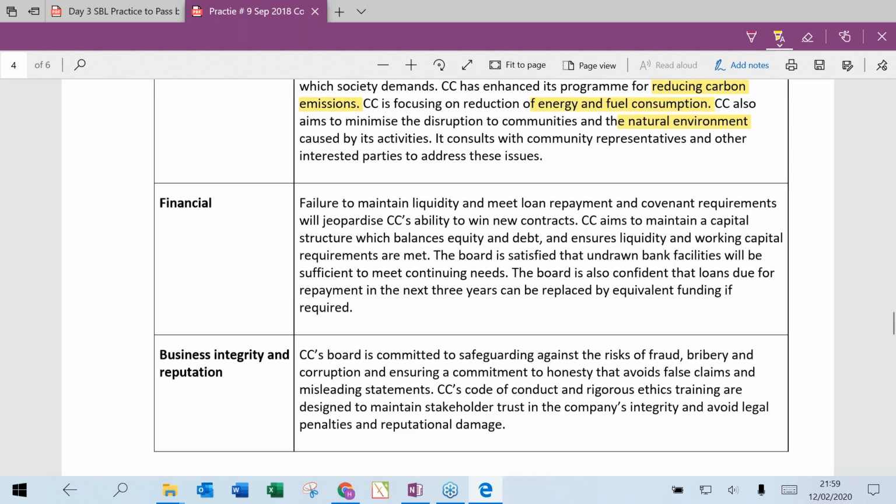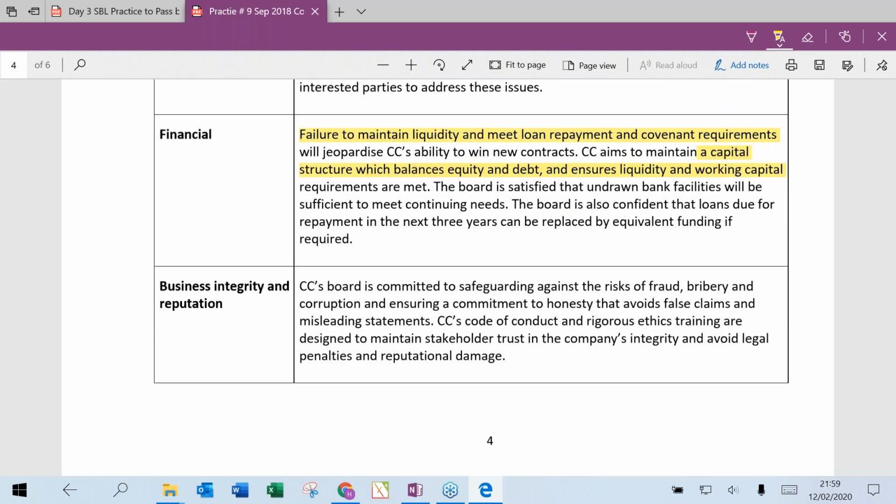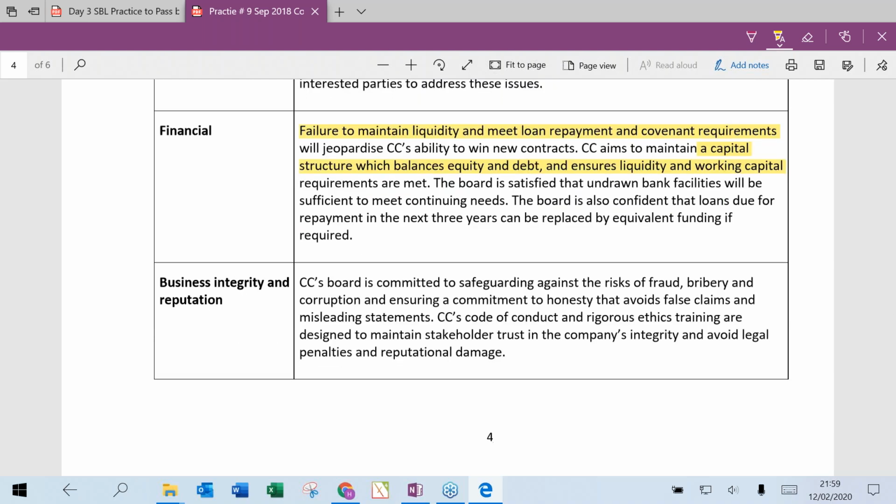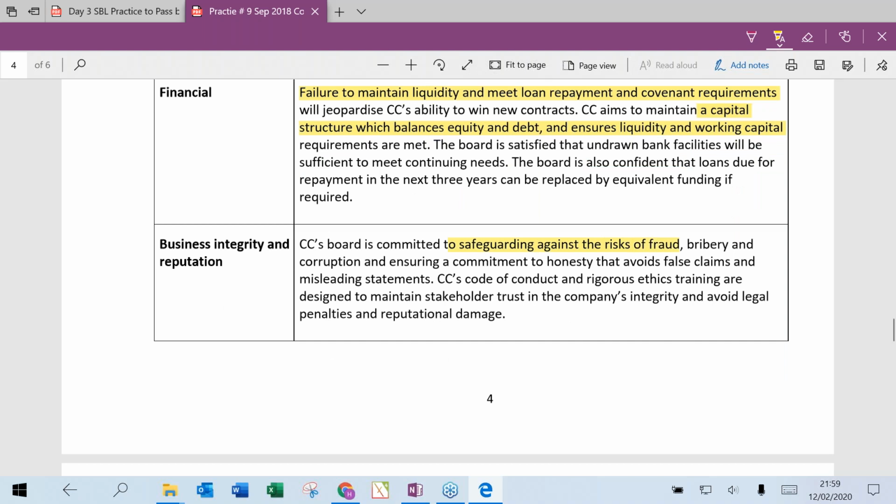Financial risk, failure to maintain liquidity, meet loan repayment covenants, maintain capital structure, all these are financial risk. And business integrity and reputation risk, safeguarding against risk of fraud, bribery, corruption. This happens a lot in tendering, that there are kickbacks and corruption.